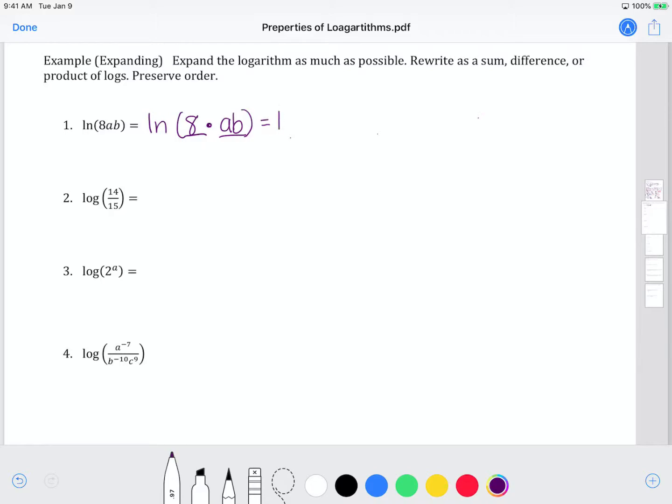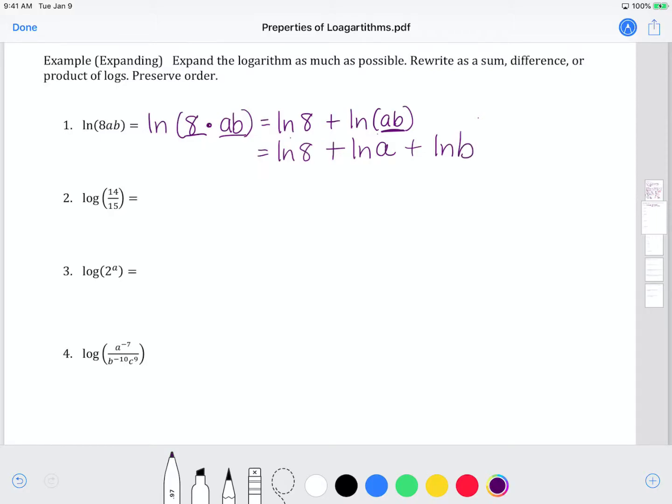So I'm going to rewrite this as natural log of 8 plus natural log of a times b. Now this isn't completely finished yet because I still have another product in here. So I'm going to split up that a times b, and I'm going to have natural log of 8 plus natural log of a plus natural log of b.